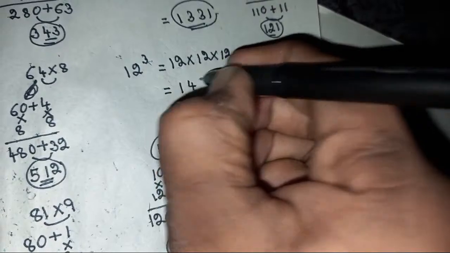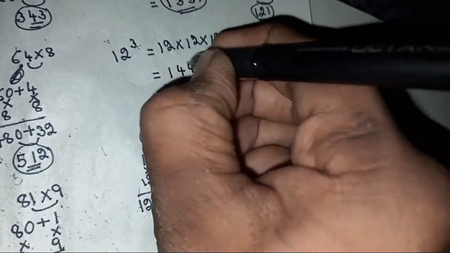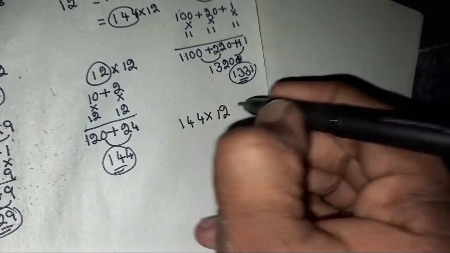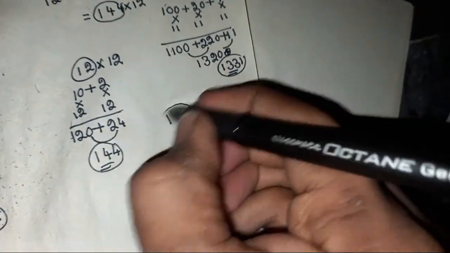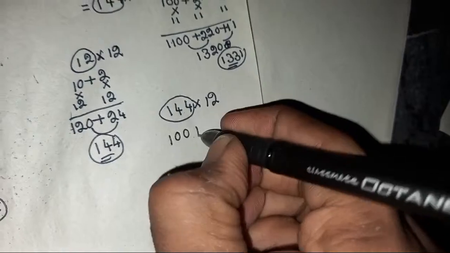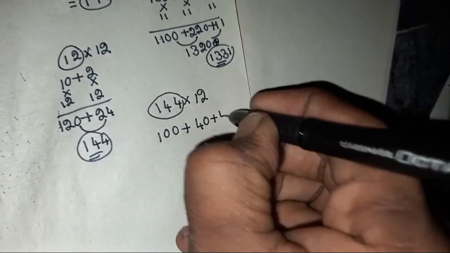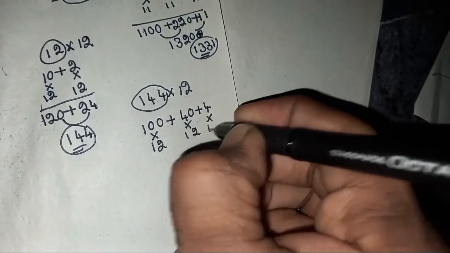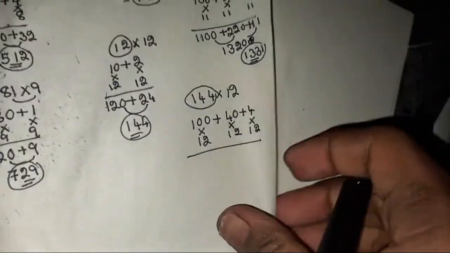It equals 144 times 12. Again you can write it here 144 times 12. This 144 you can split and write as 100 plus 40 plus 4. Here also 12. Here also 12. Here also 12. You're going to multiply.